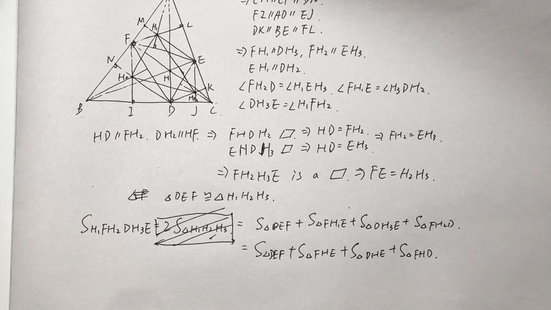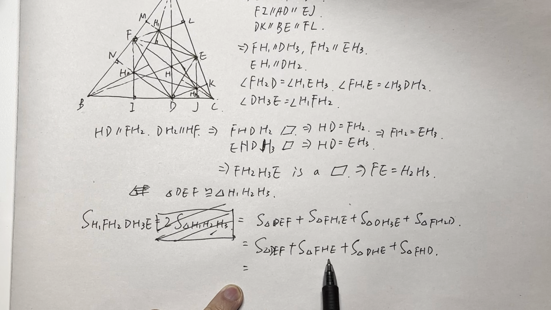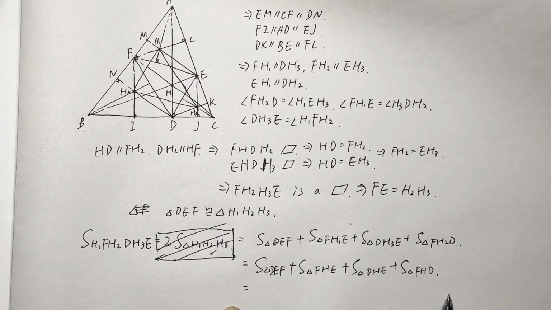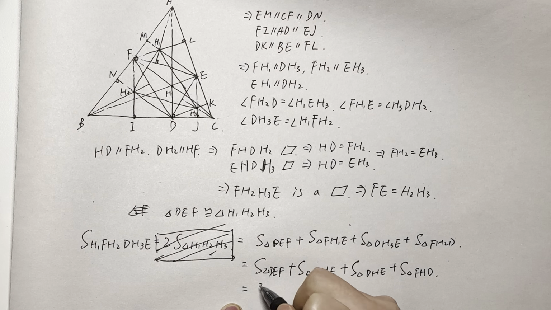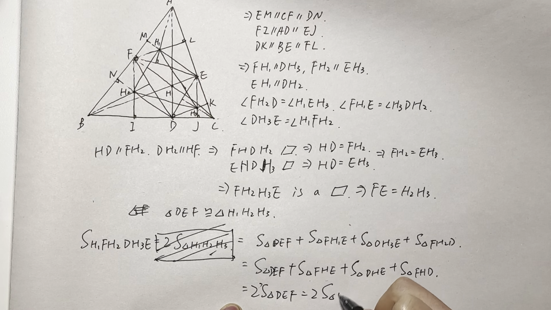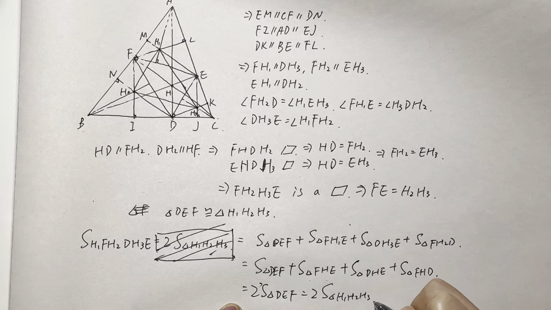And we know that FHE plus DHE plus FHD is the area of triangle DEF, so it's twice the area of triangle DEF, and it equals twice the area of triangle H1H2H3. Okay.